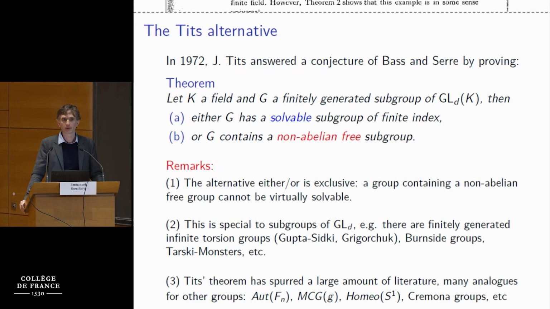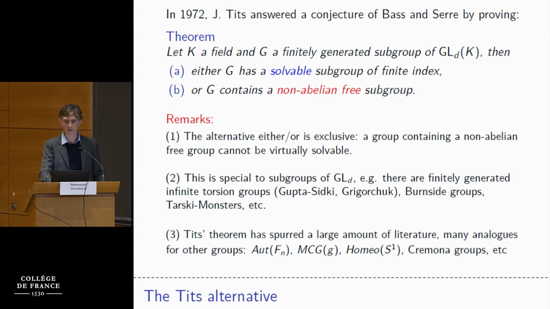It's unknown whether an arbitrary finitely presented group has either exponential or polynomial growth. But for linear groups, it follows from the Tits alternative that you have this dichotomy between exponential and polynomial growth. The Grigorchuk group is a famous example that lies in between, so it has intermediate growth.